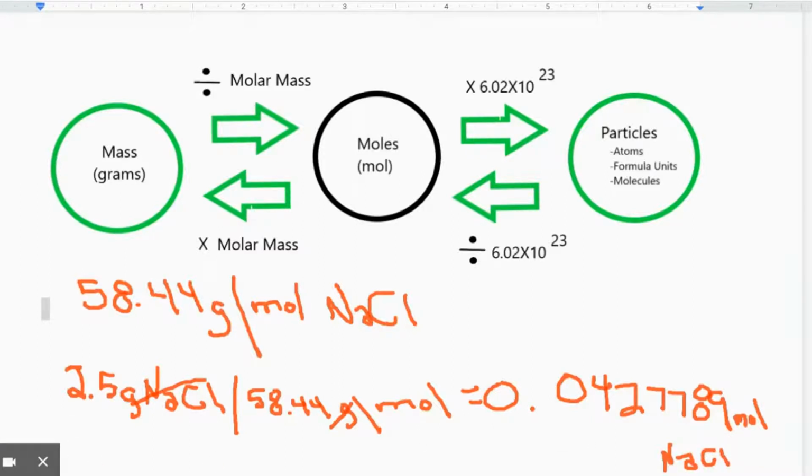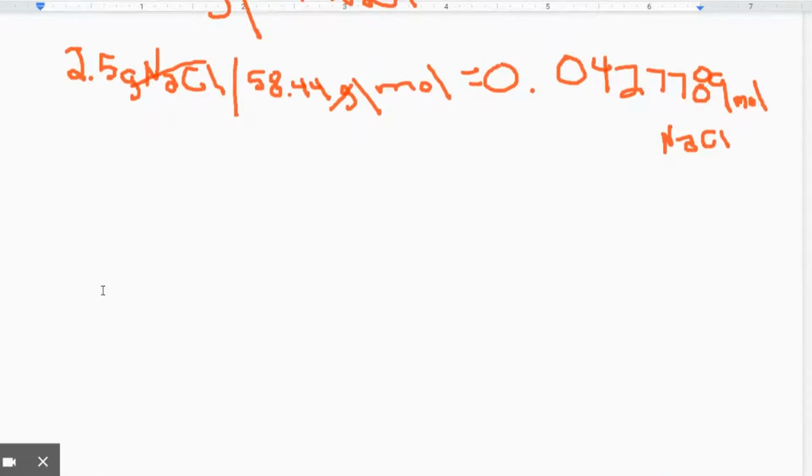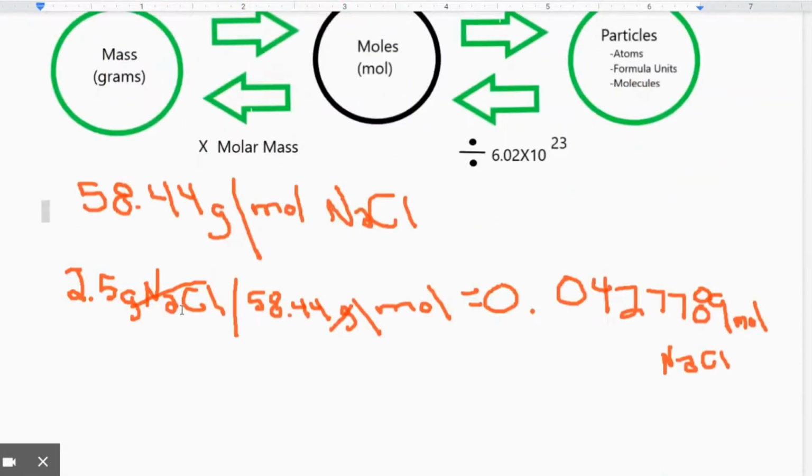I'm going to scroll down a little bit to give myself more room. Now I have another part to this problem where I need to take the moles of sodium chloride that I have and convert that to particles.